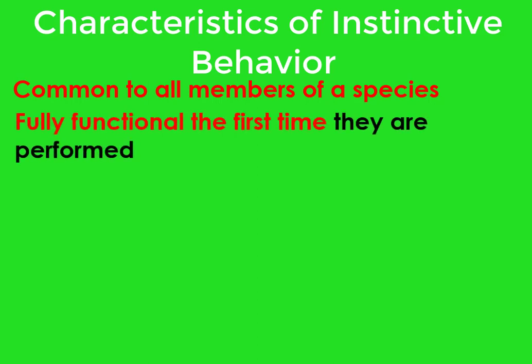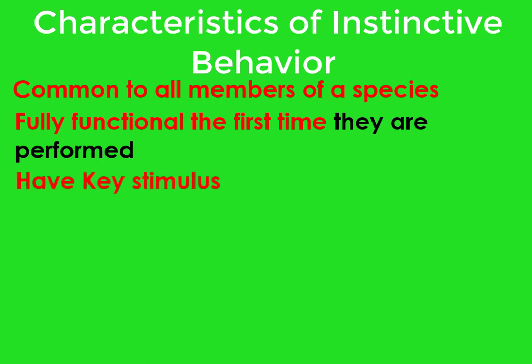The second characteristic is this instinctive behavior is fully functional the first time they are performed. That means it does not require learning or experience because it is innate or pre-programmed behavior. Since instinctive behavior is innate or pre-programmed, all members of a species from younger to older members can do the behavior in almost similar ways.